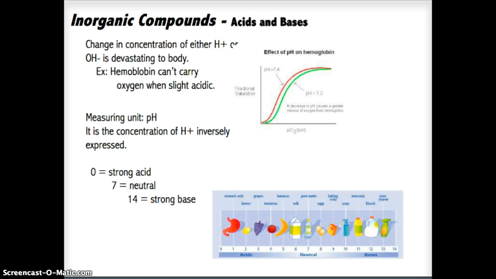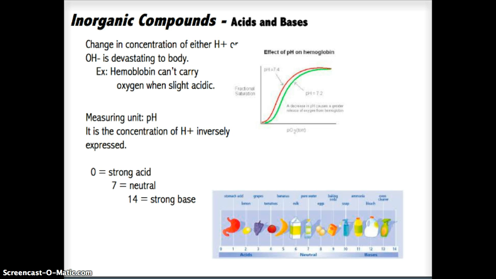A change in concentration of either hydrogen ions or hydroxyl ions is very devastating in the body. For example, hemoglobin cannot carry oxygen when slightly acidic. That's a problem, because it needs to carry around the oxygen which we need to make energy. If we can't do that, we're in trouble. So we need to balance the pH, the acidity of the blood, very well.